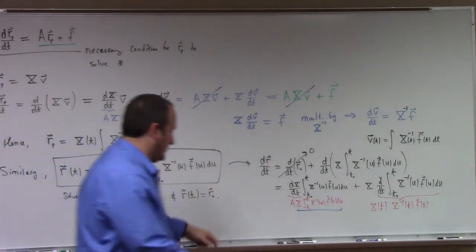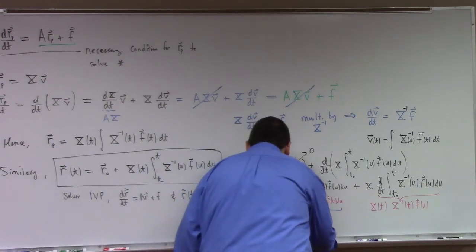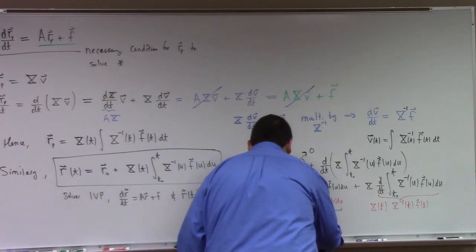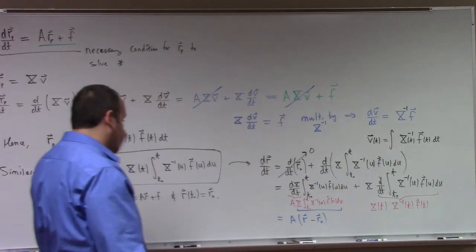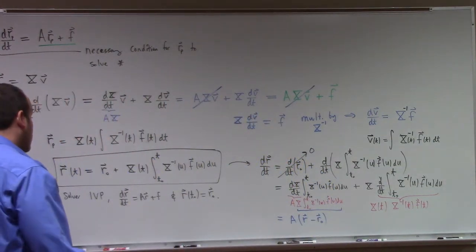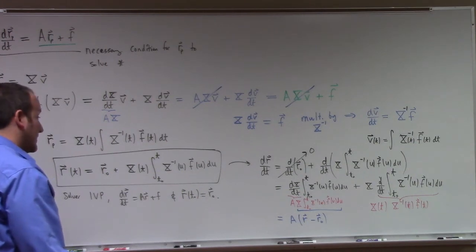So if you look at this, we've got a times r minus r naught, if I haven't made a mistake.